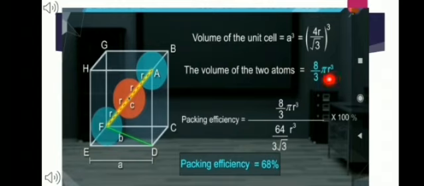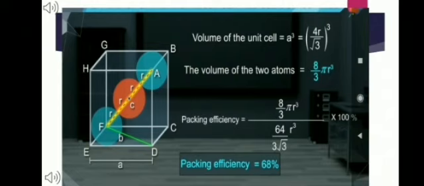Now packing efficiency is the volume occupied by the particles in the unit cell upon total volume of the unit cell into 100. Now putting these values, 8 upon 3 pi r cube upon 64 upon 3 square root of 3 r cube into 100.